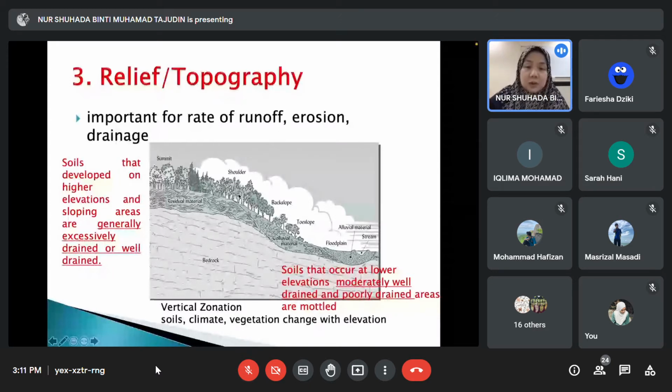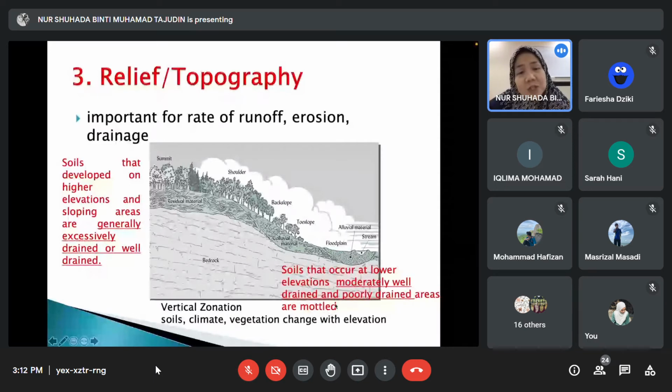Okay, so however, soils that occur at lower elevations, okay, which is here, moderately well drained and poorly drained areas are mottled. Okay, so what is mottled? Nanti kita tengok lepas ni saya tak sure ada gambar ke tak, tapi nanti saya tunjuk. Okay, so you can see here there is a difference.